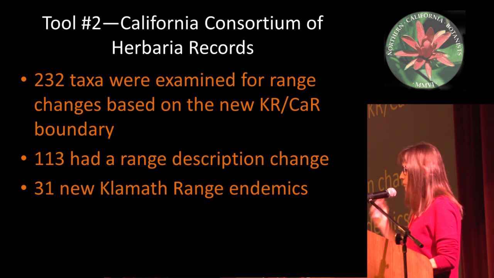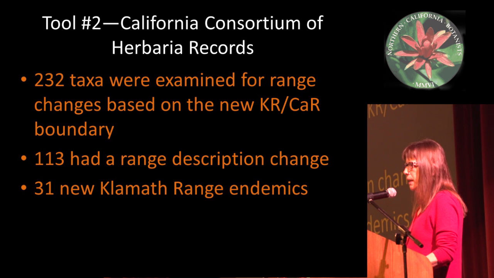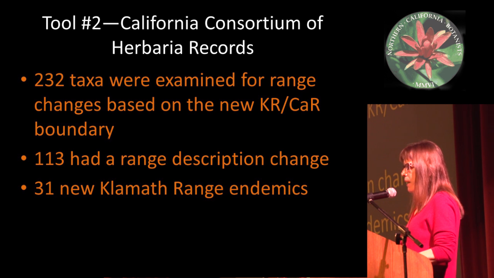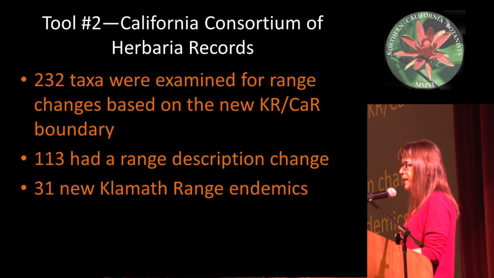And we decided that it really was the time that we could make this happen, because what needed to happen was not only make a new boundary and decide where that should go, but of course changing the boundary has ramifications for the flora itself and the description, both the narrative description and the appearance of the consortium records for those taxa that are in that changed area.